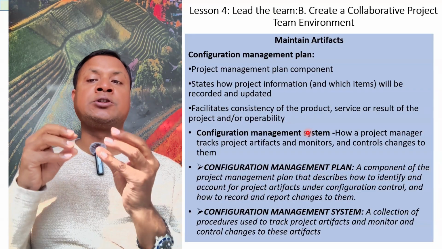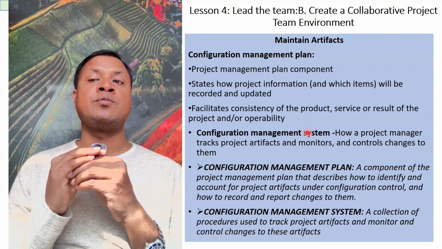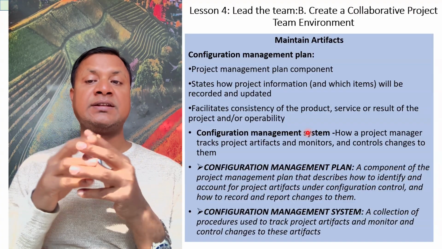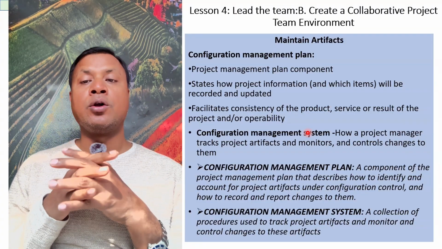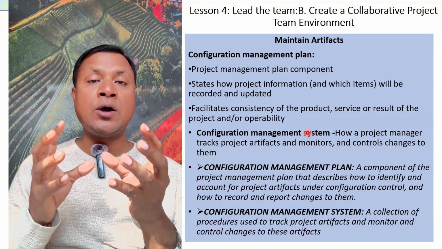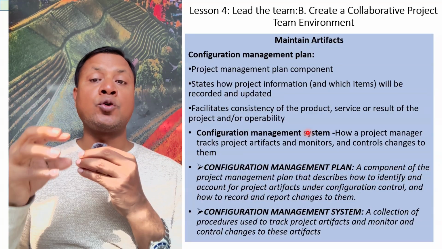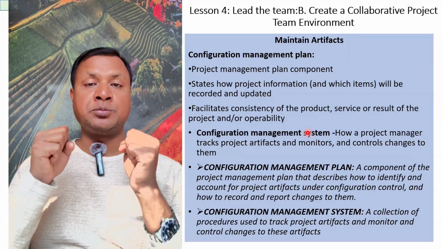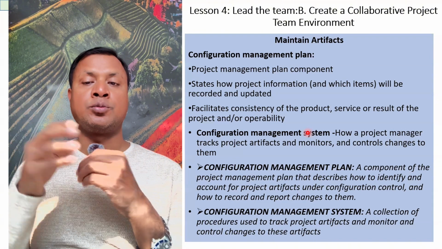So what are the project management plan components? It states and describes how project information will be recorded and updated, and it should facilitate the consistency of the product, service or result of the project or operability. The configuration management system shows how a project manager tracks project artifacts and monitors and controls change to the team. There are many artifacts, and the project manager controls them, monitors them, and when needed sends them to the control process.